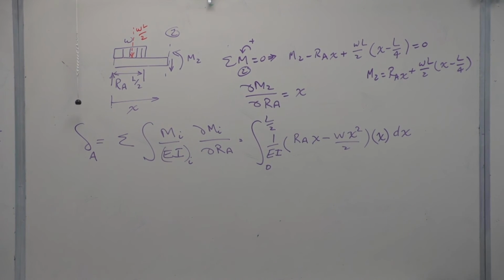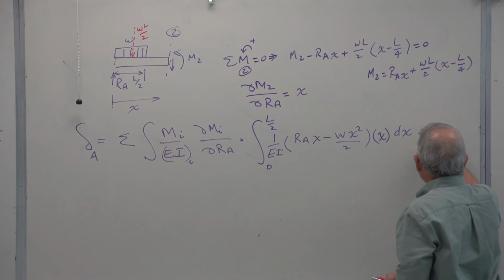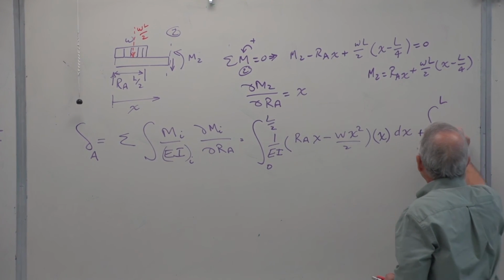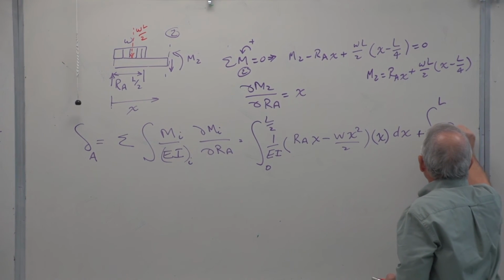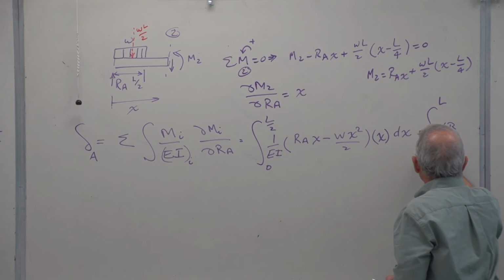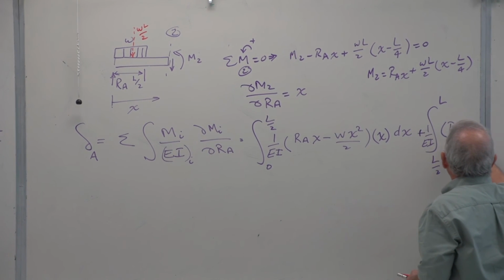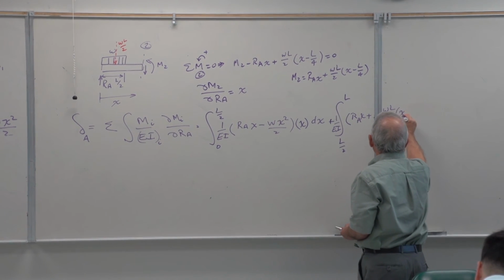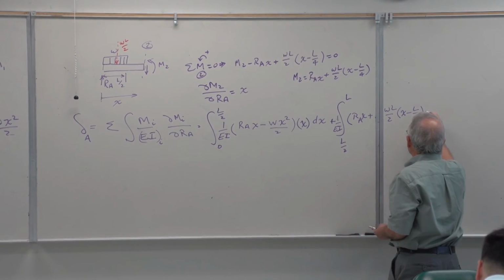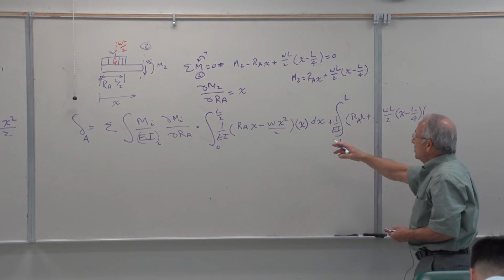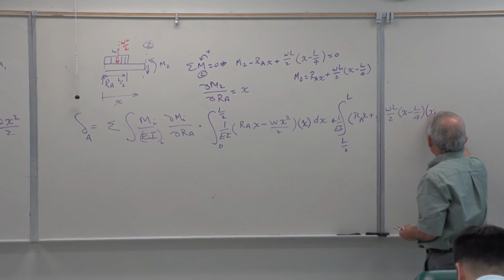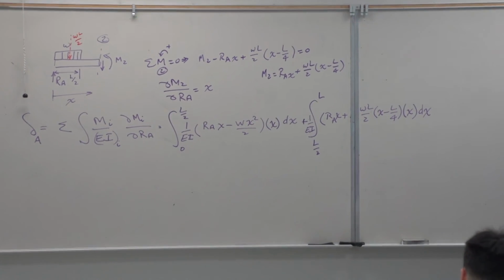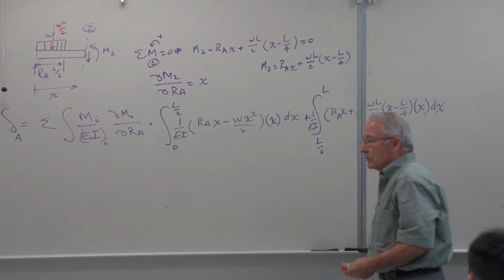Again, if there's anything murky, let me know. Plus the integral from L over 2 to L of M2, 1 over EI, same way, RAx minus wL over 2 times x minus L over 4 times the partial, which is x, dx. I think it's minus for M2.